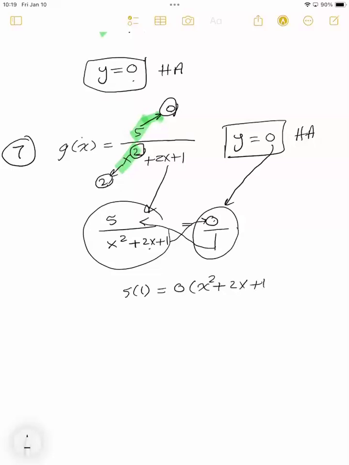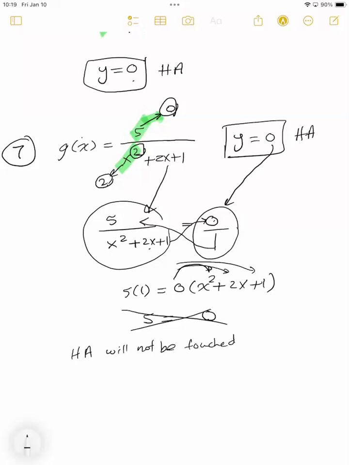When you multiply 0 by anything, you get 0. 5 times 1 is 5. 5 equal to 0 doesn't make sense. It's a false statement. So in this case, the horizontal asymptote will not be touched or crossed by the graph.